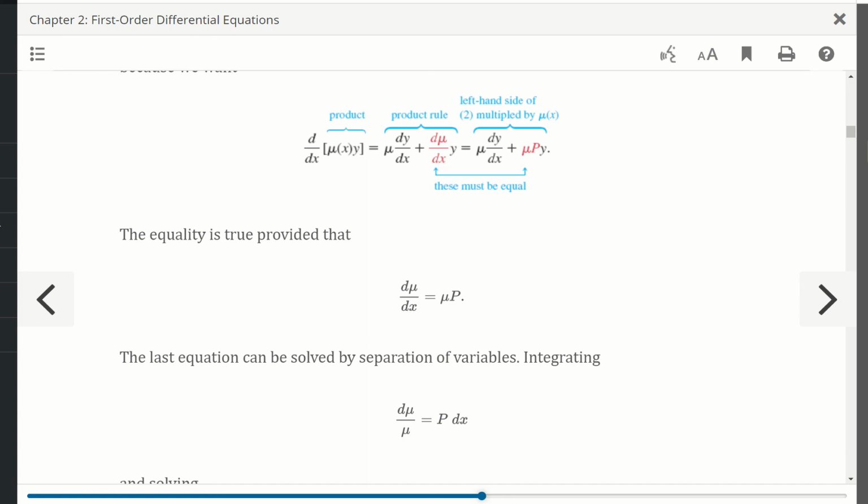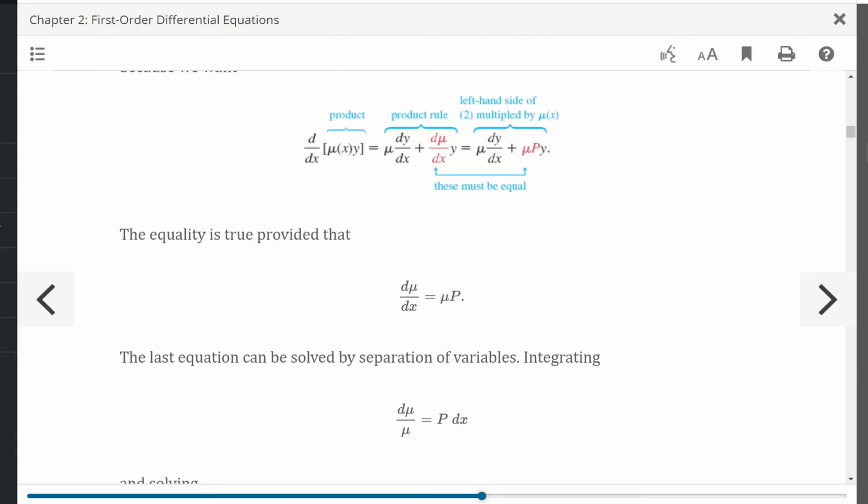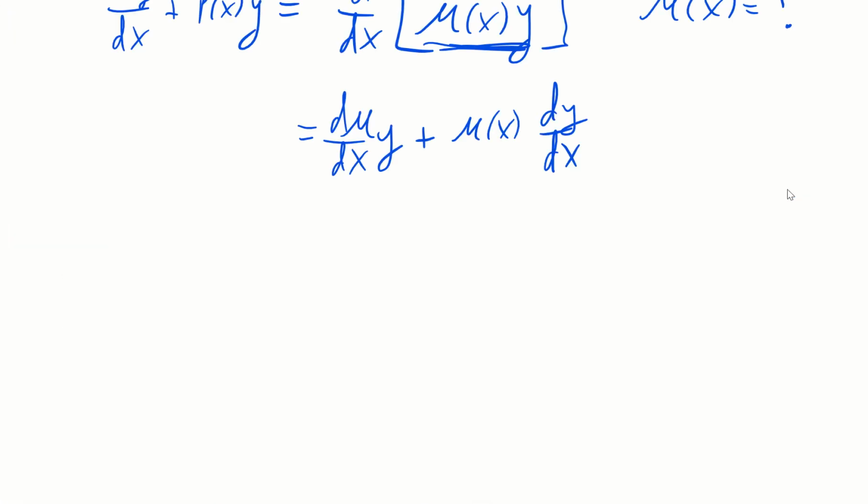Because if we multiply this left-hand side, by the way, I didn't show that. Let me bring that back up. If I were to multiply this left-hand side by mu, which is really what we were doing first, this is what we're hoping for it to look like.